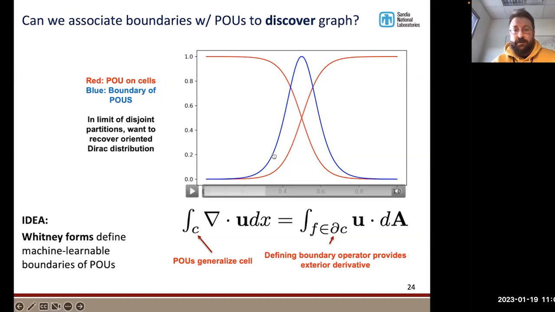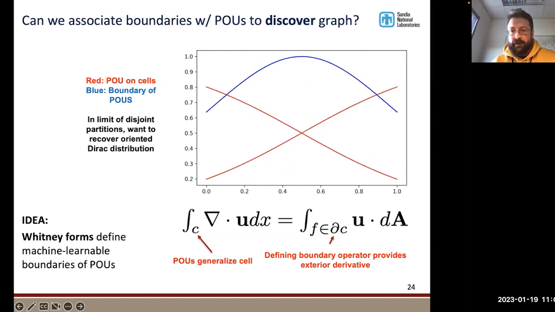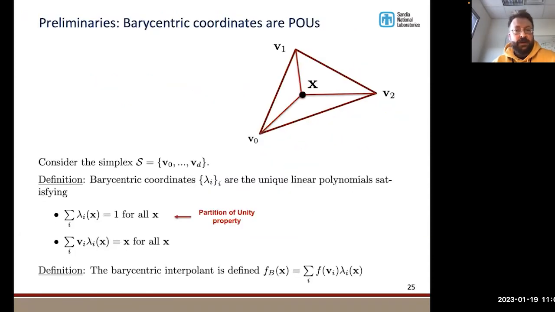It turns out this object, this blue line, is something called a Whitney form, and it shows up all over the place in scientific computing. I'll go through this quickly because I got a late start and I don't want to get too bogged down in the math. The way Whitney forms are usually constructed is you have a finite element. You imagine you have vertex degrees of freedom, and you build up something called barycentric coordinates.